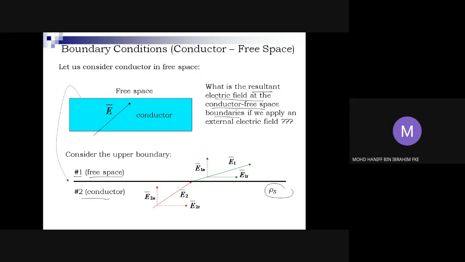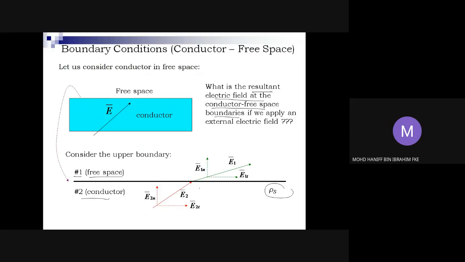The same is applied for E2, where we separate E2 into E2n, the normal component of the electric field, and E2t, the tangential component. So that is the step that we have followed so far. We have separated both E1 and E2 into their respective normal and tangential components.